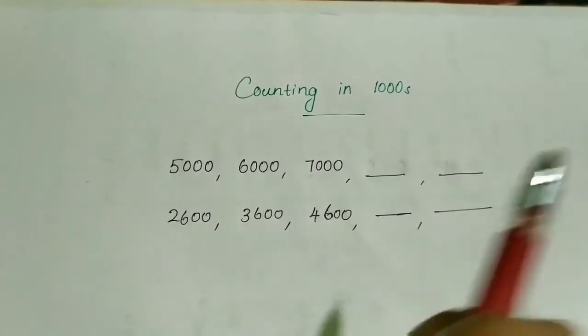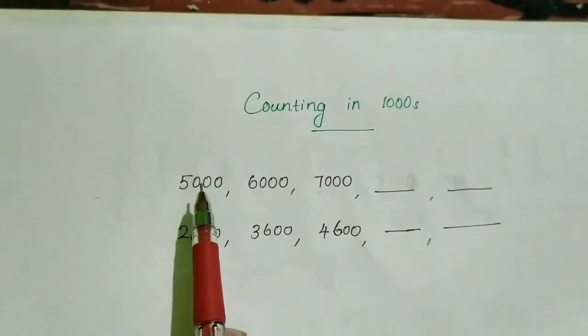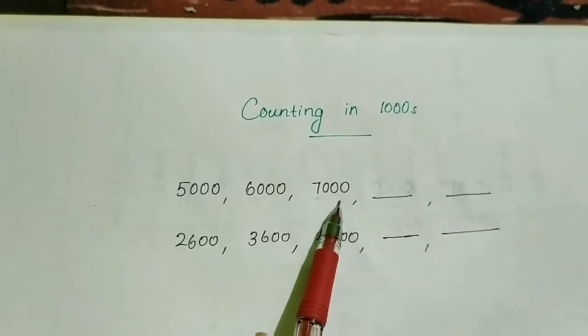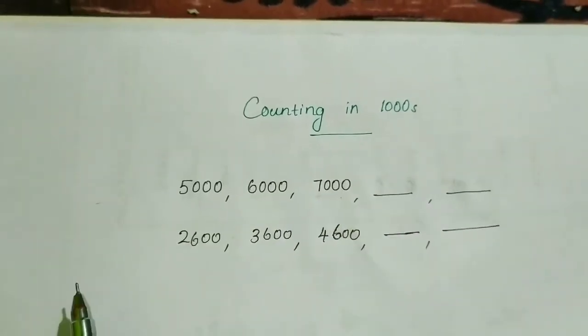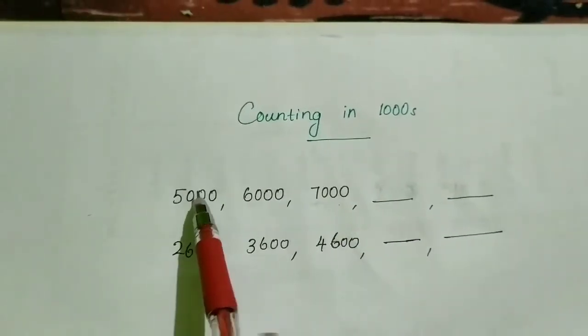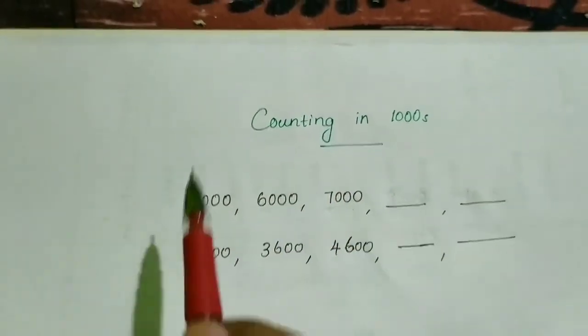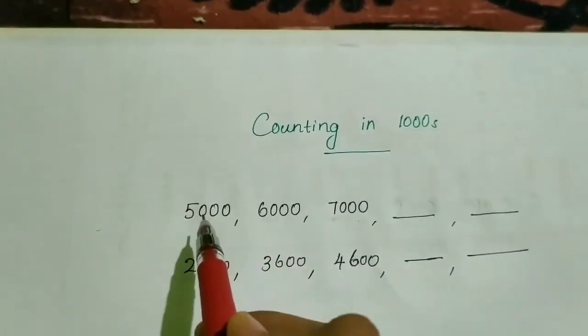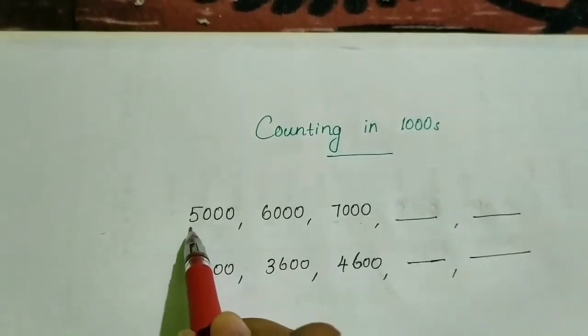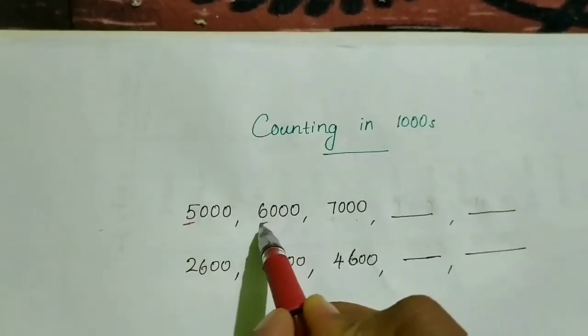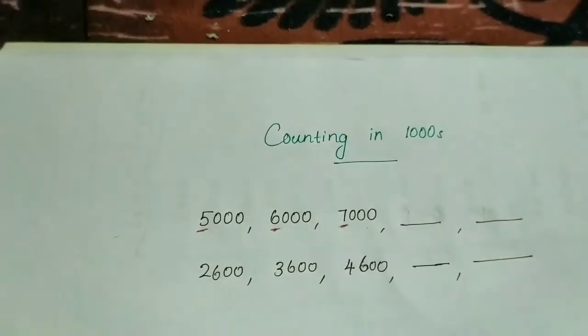Finally, counting in thousands. Here 5000, 6000, 7000. We have to find the next two numbers. Listen. This is counting in thousands. So consider the thousands place only. Here 5 and here 6 and here 7.